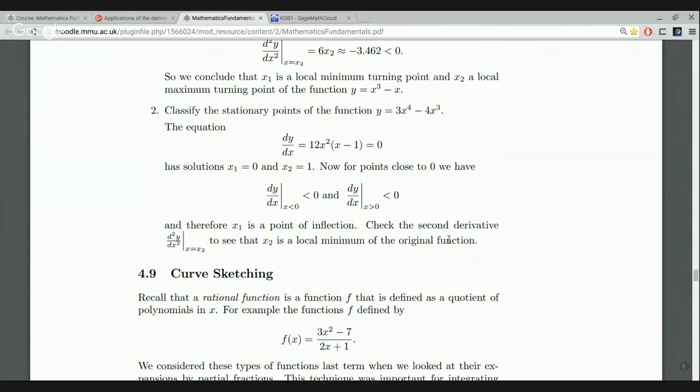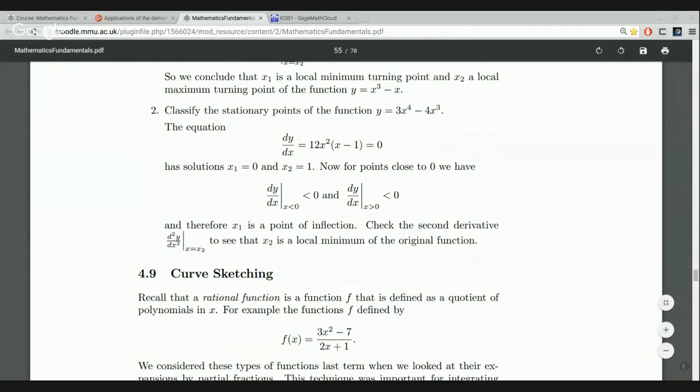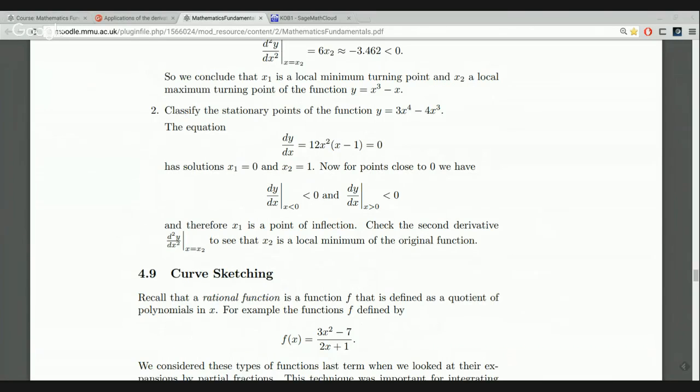So I think I'll show you another example here on the page, which is a slightly more meaningful one, in that it's presented as an optimization problem. So where we're actually attaching some meaning to the minimum or maximum behavior of the function.